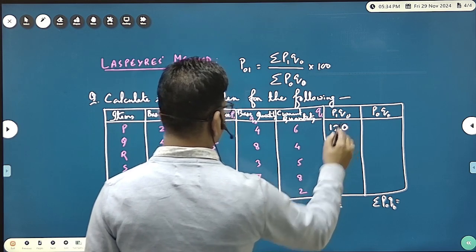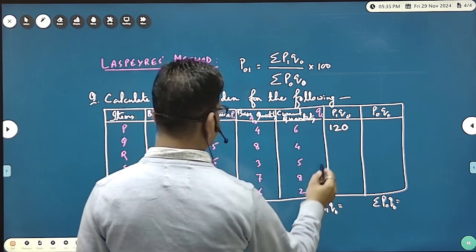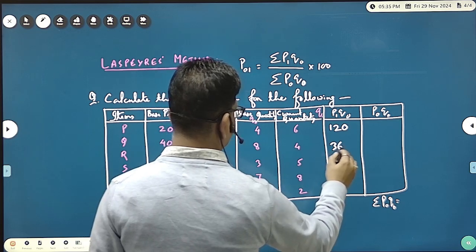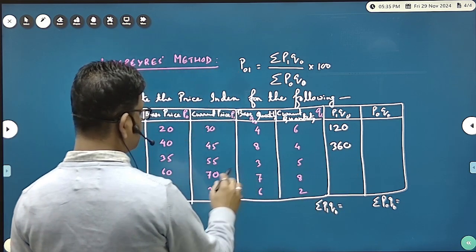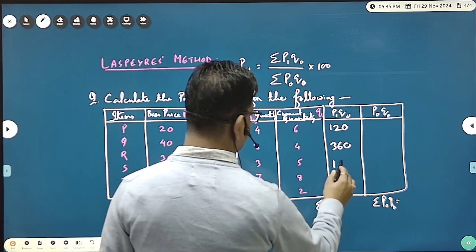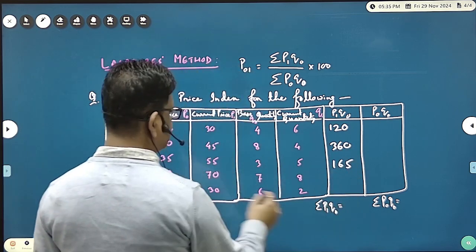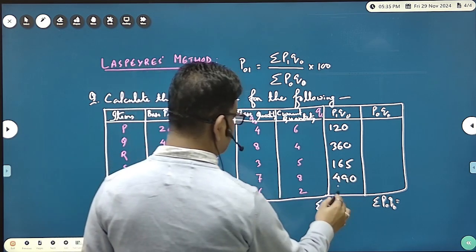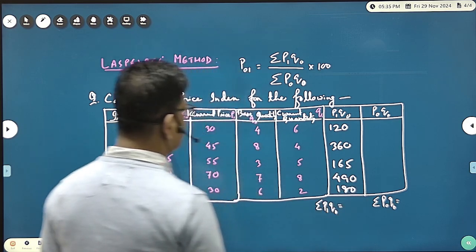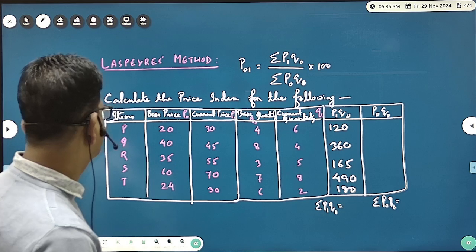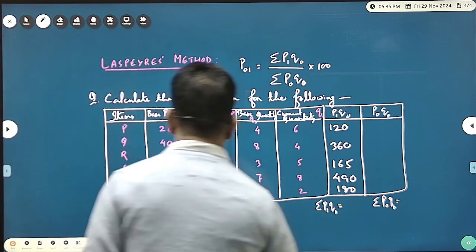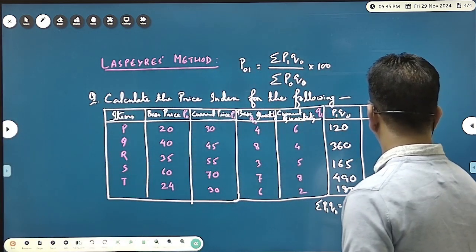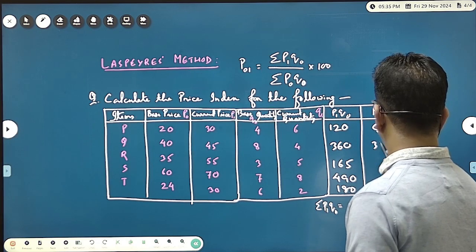Am I correct? 45 into 8, how much? 360. Then P1 Q naught, so 55 into 3, 165. It is 7, 490. Then 100, 180. Now P naught Q naught, 20 into 4, 80. Right? So 40 into 8, 320.